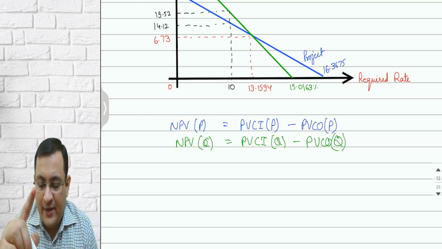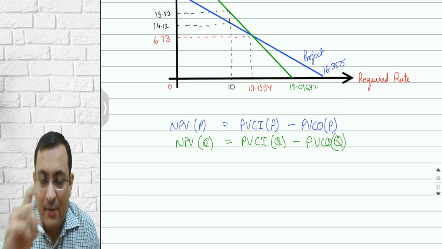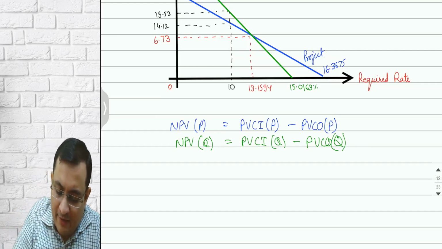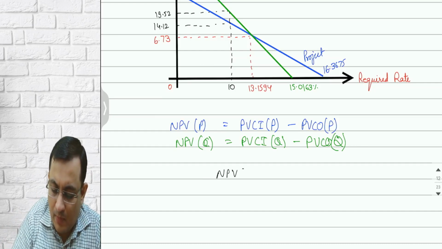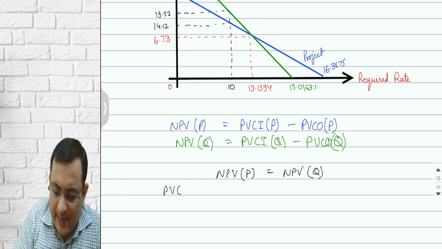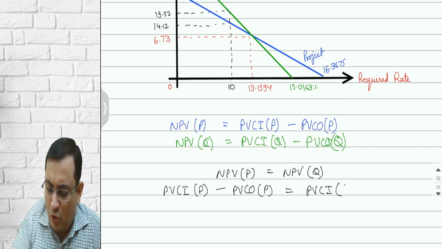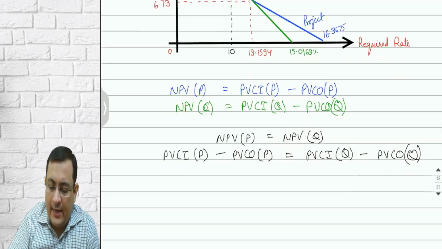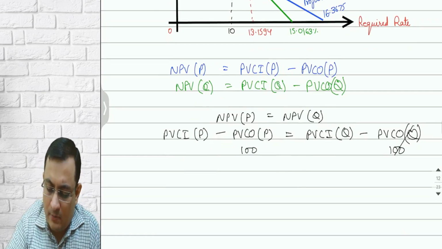At the intersection point, the coordinates should satisfy both lines. That means the NPV should be the same. So if I want to equate NPV of P with NPV of Q, PVCI of P minus PVCO of P should be equal to PVCI of Q minus PVCO of Q. And in this case, both the projects have the same PVCO, so they will cancel out.